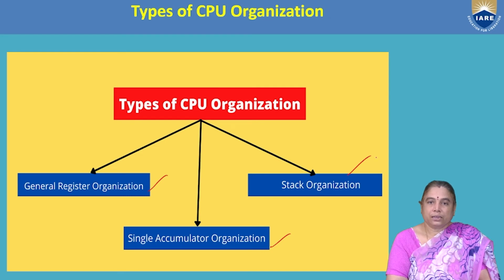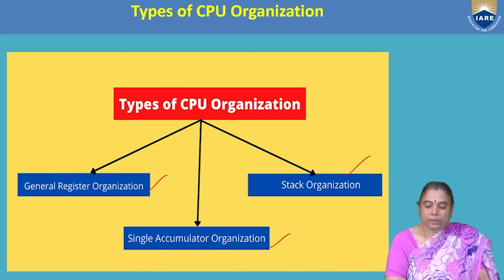In general register organization, the registers are used. Depending upon how data is supplied to the ALU while performing the processing, CPU organizations can be classified into these 3 types. In general register organization, general purpose registers hold the operands of the arithmetic operation.